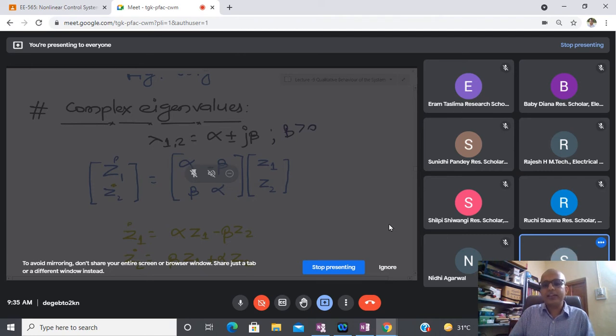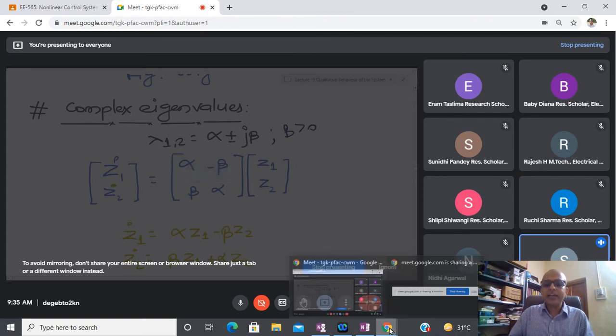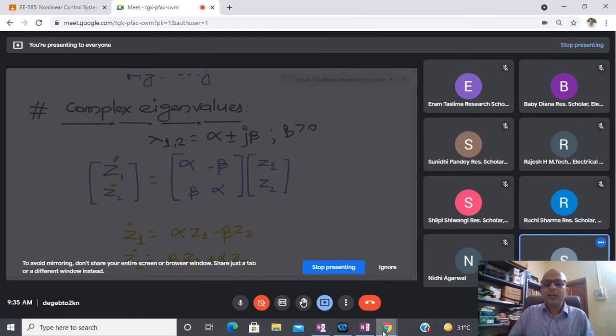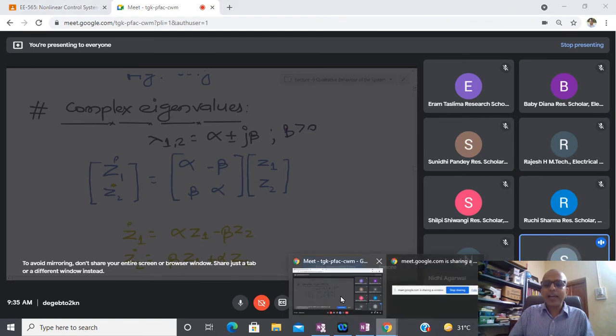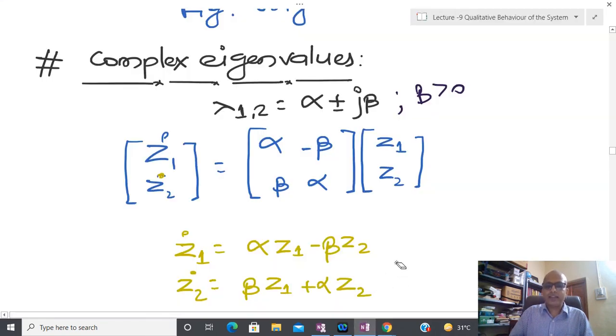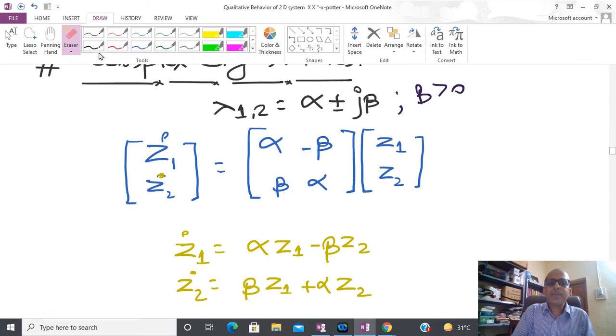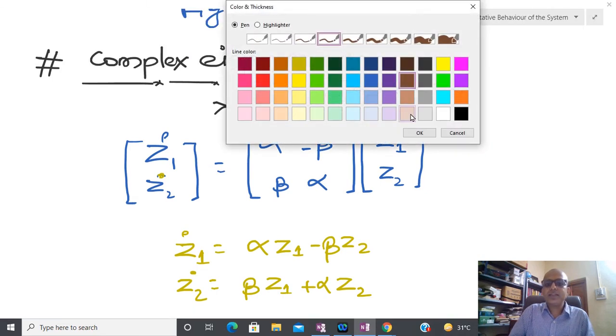Okay, due to that reason, if we have two eigenvalues and one is complex, then the other one is also complex. And due to that reason, we have written the eigenvalues in this particular form, alpha plus minus j beta.